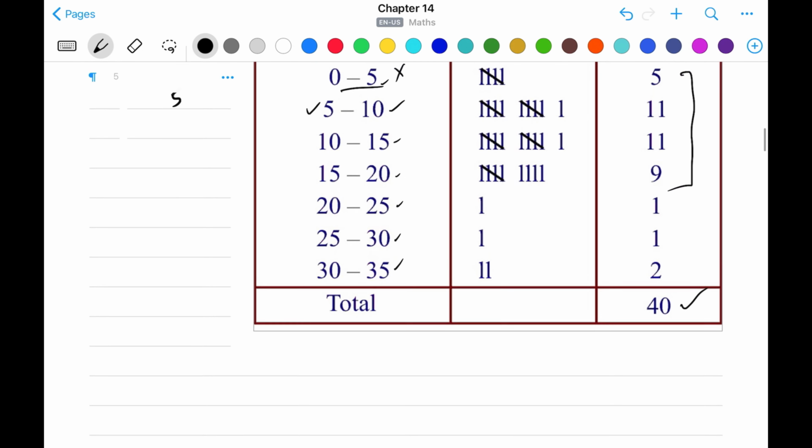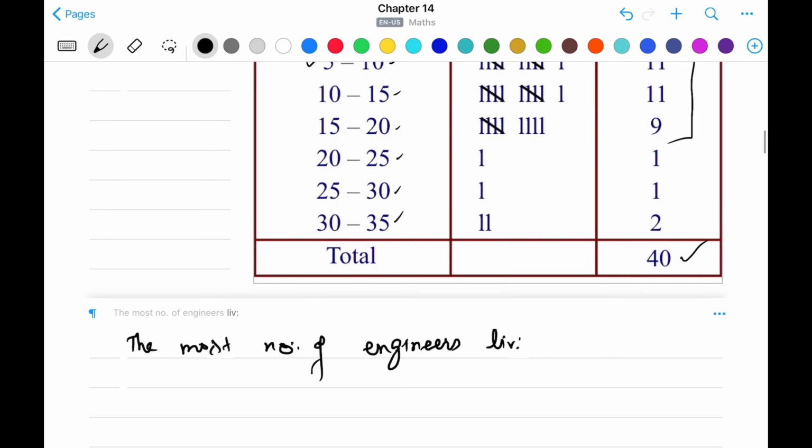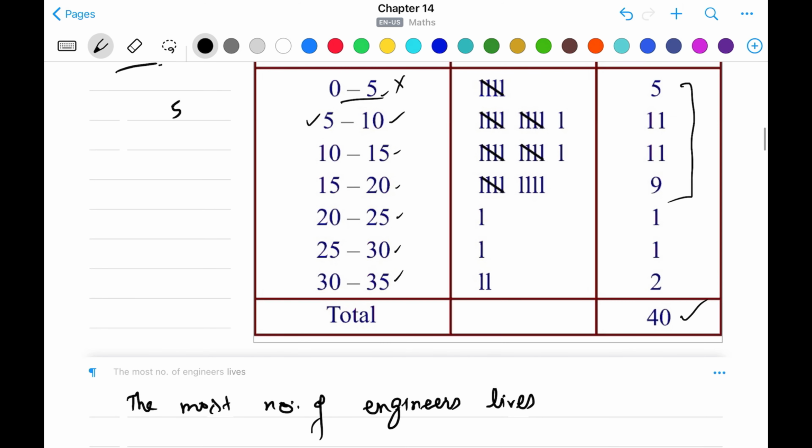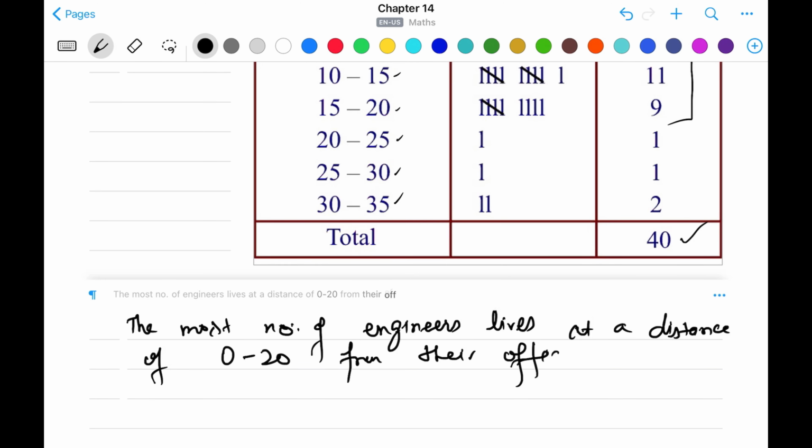So we can say the most number of engineers live at a distance of 0 to 20 kilometer from their office.